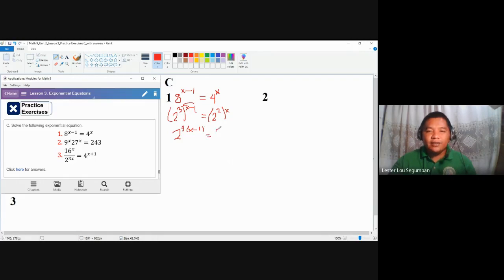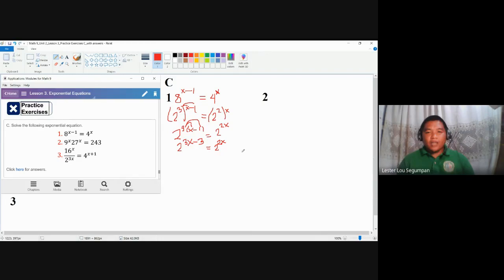So the other side, you have 2 to the power of 2x. So again, multiply the left-hand side to both terms, not just to the one term. So you have 2 to the power of 3x minus 3 is equal to 2 to the power of 2x.